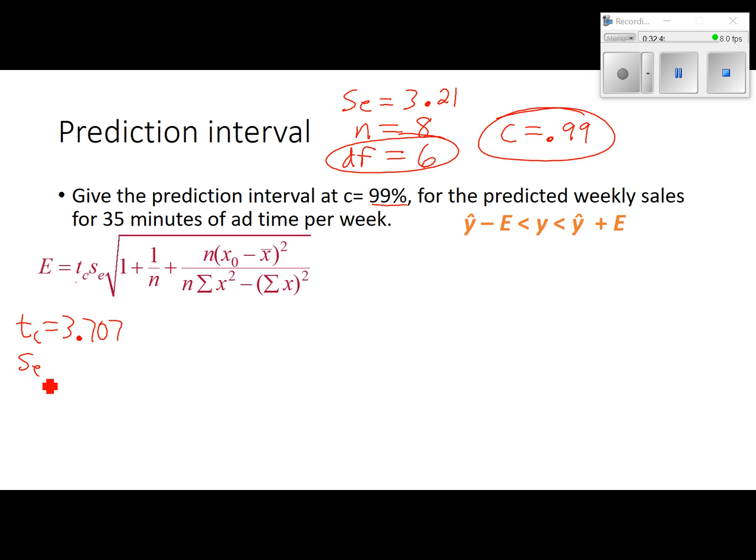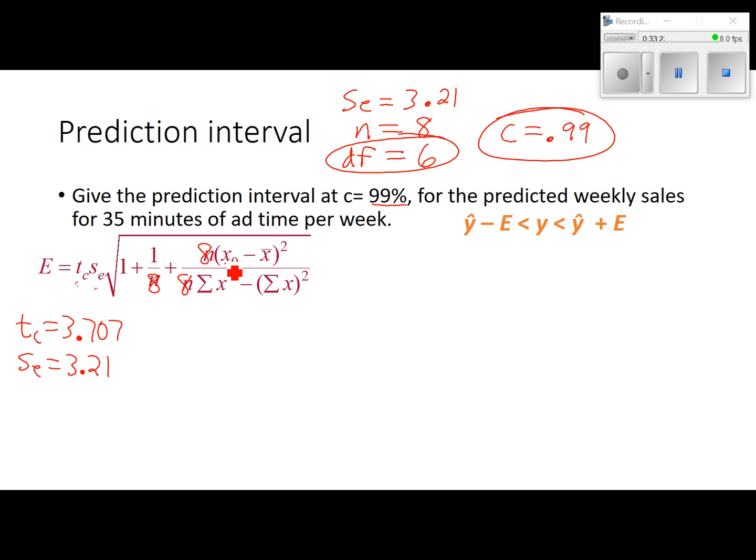Our SE was 3.21. So we know these two things already. We know what n is. We're going to stick in 8 right there in place of n. N here is 8. So we can put 8 in everywhere that we see n. These other 4 things, some of them we know, some of them we can find.